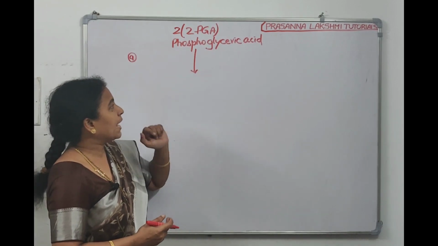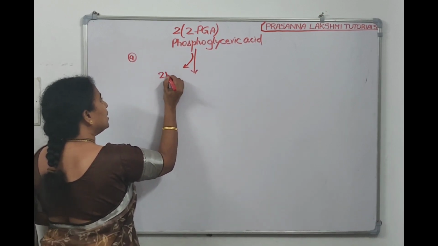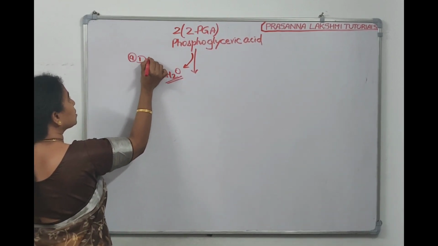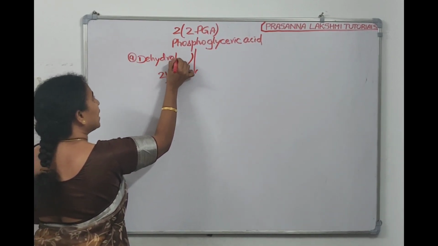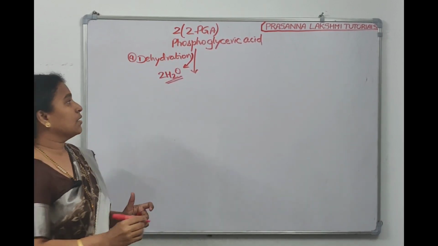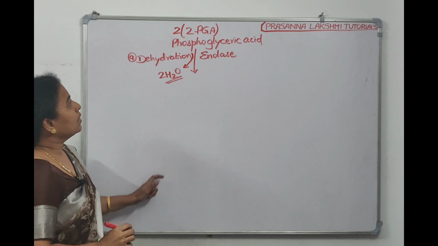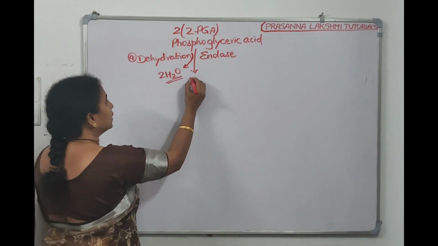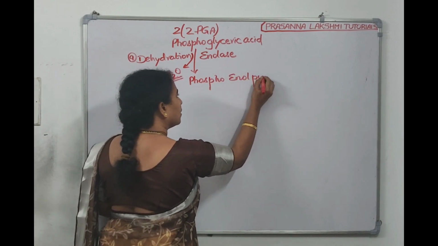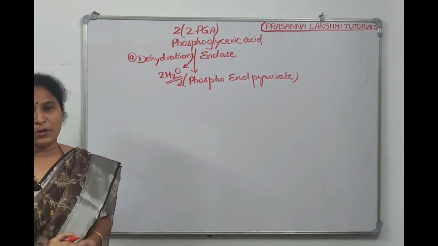Phosphoglyceric acid loses a water molecule, so it is a dehydration reaction. Since water molecules are coming out, the reaction is called dehydration. The name of the enzyme will be called enolase. What is the name of the enzyme? It is called enolase. Then phosphoglyceric acid gets converted to phosphoenol pyruvate. How many molecules? 2 molecules of phosphoenol pyruvate.